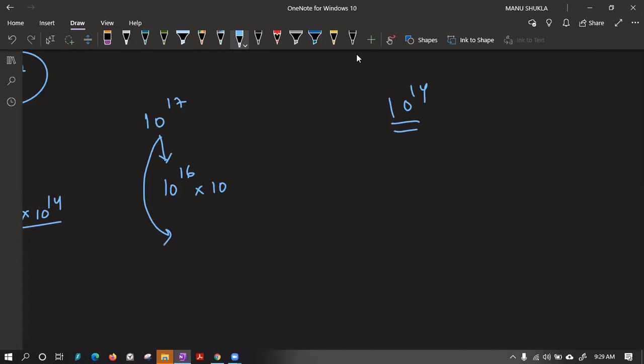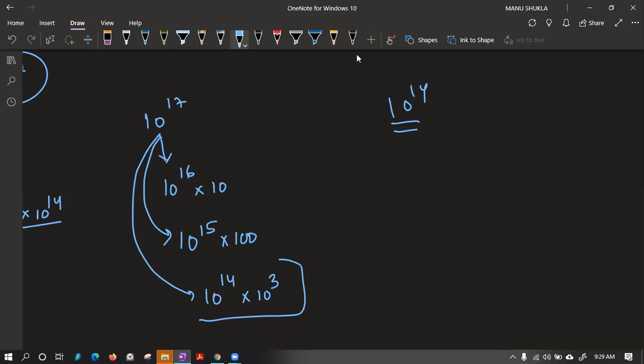Similarly, I can write 10 power 17 as 10 power 15 into 100. Any problem? Rachit, try to understand. You will get. Don't worry. I'm just trying to write 10 power 17 as 10 power 14. That's it. Similarly, if I write 10 power 17 as 10 power 14 into 10 power 3, will that be wrong?